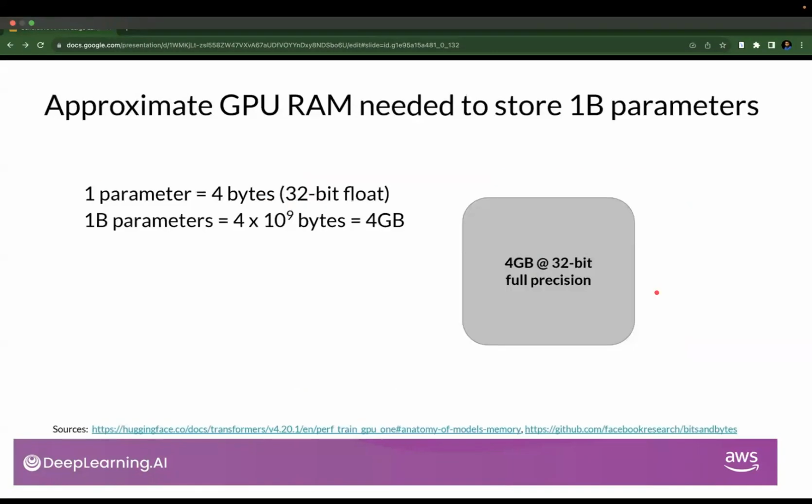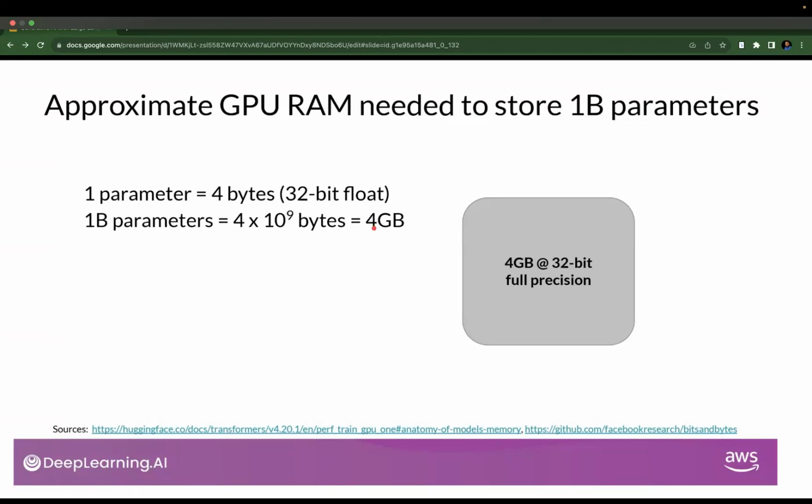So let's go next. Let's see how difficult or how expensive it is to train an LLM. Let's say we have an LLM of 1 billion parameters. The parameters are the weights of the neural networks. If the parameters are stored as floating point, where every parameter takes 4 bytes, for 1 billion parameters, we will need 4 gigabytes of memory to store just the parameters.